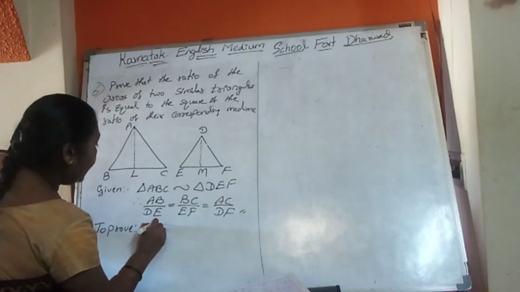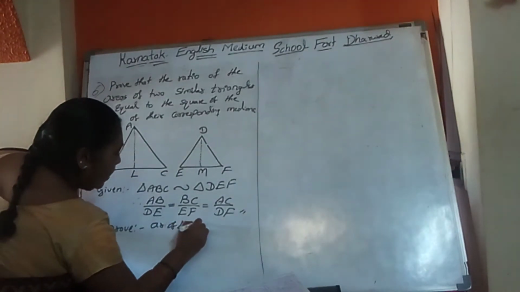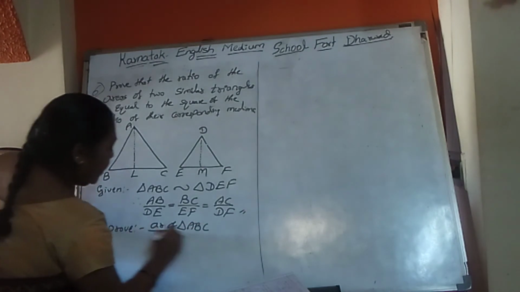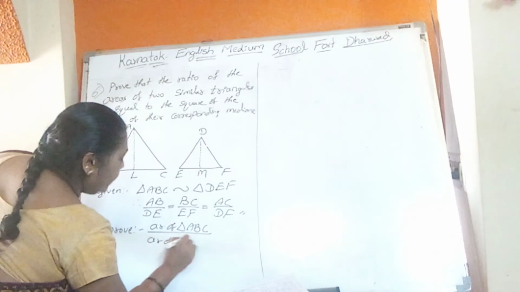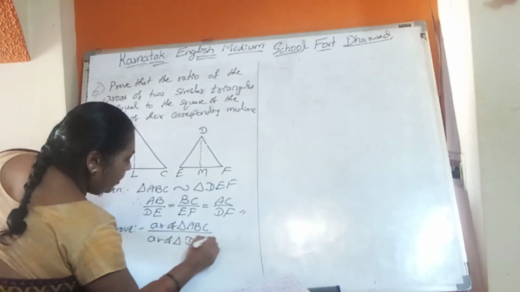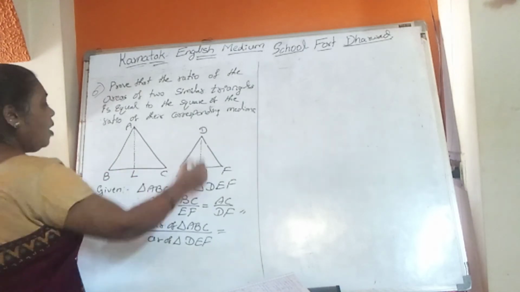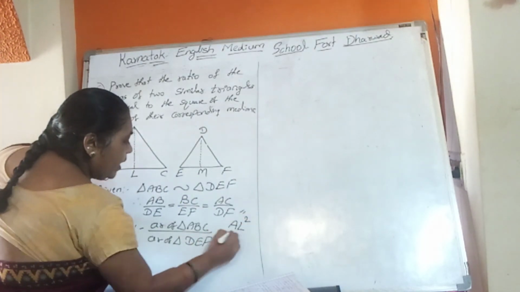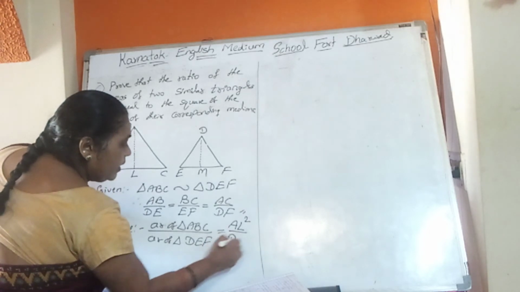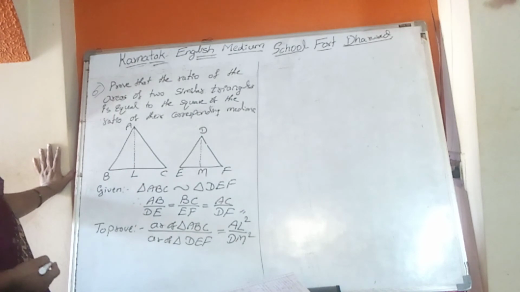So area of triangle ABC divided by area of triangle DEF is equal to the ratio of the squares of the medians, means AL square divided by DM square. We have to do this.